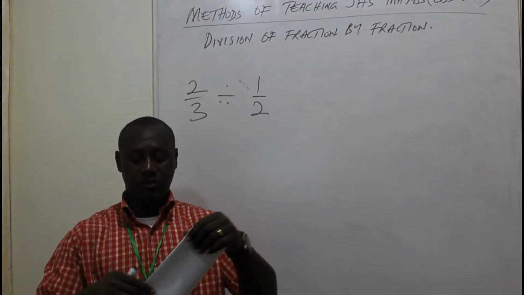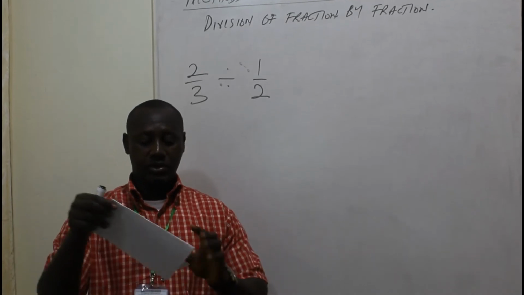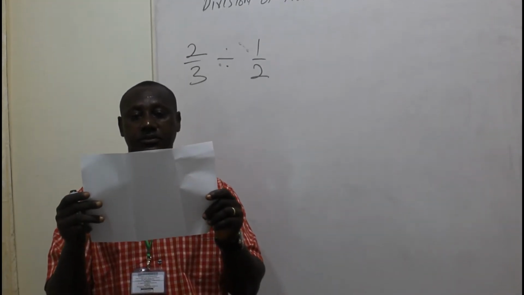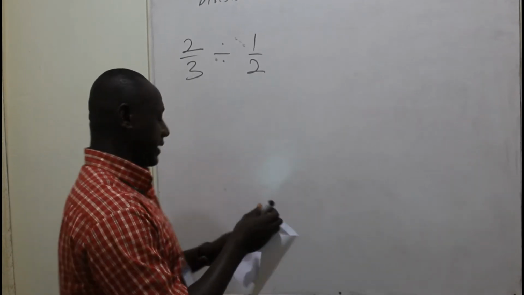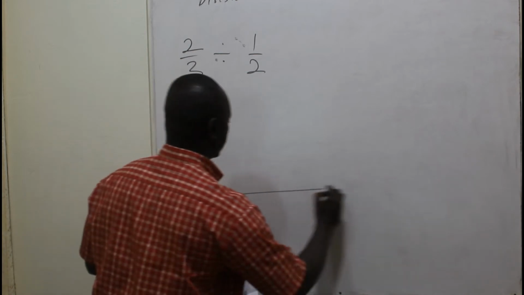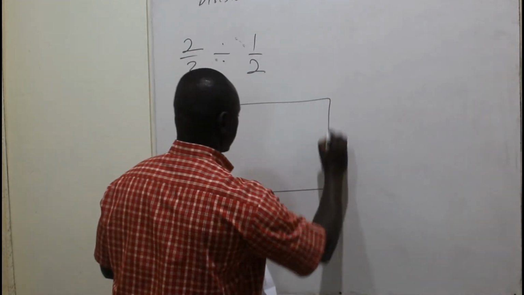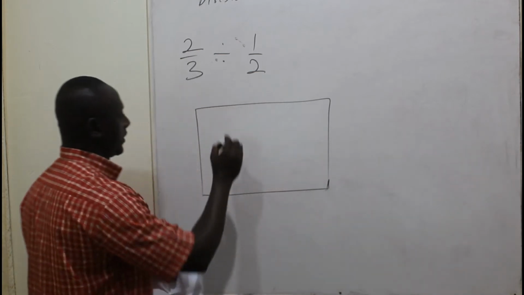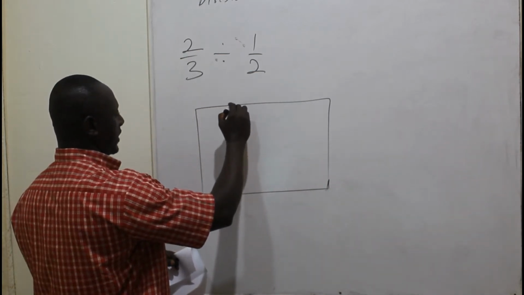So you guide them to fold the paper into 3 equal parts like I have here. So diagrammatically, I can put it as this. Okay. So I'll have something like this.